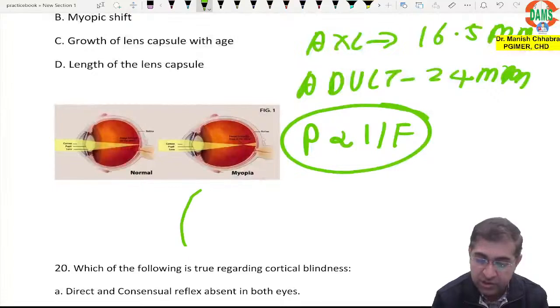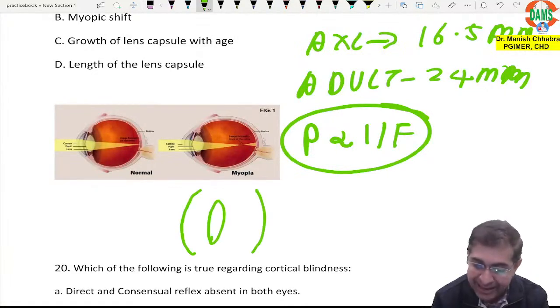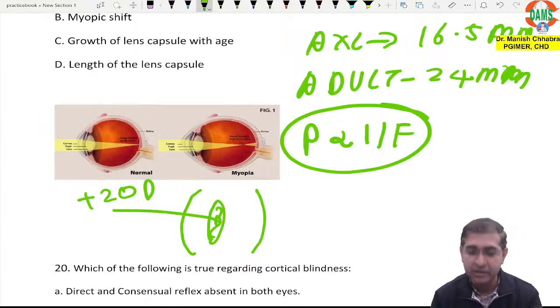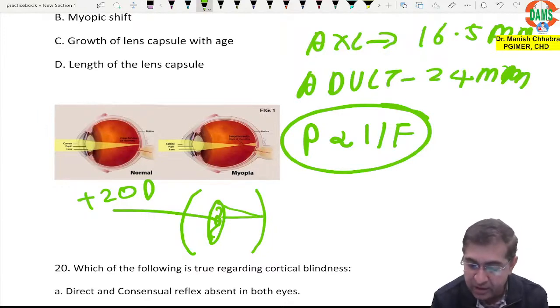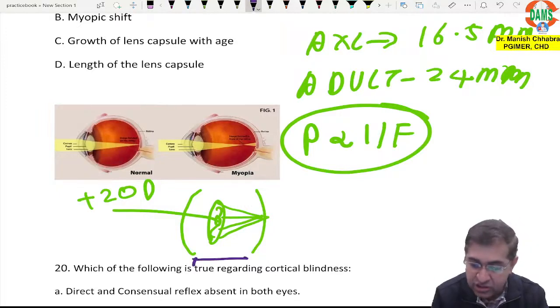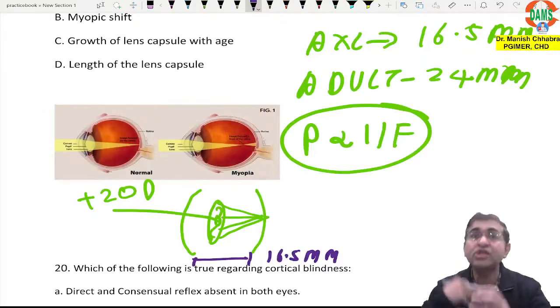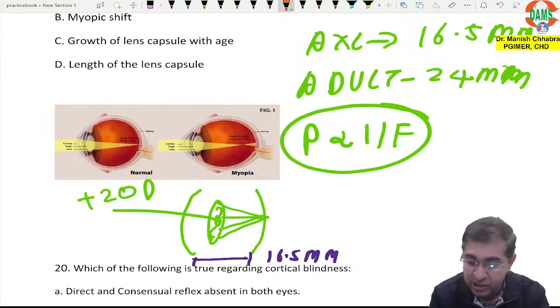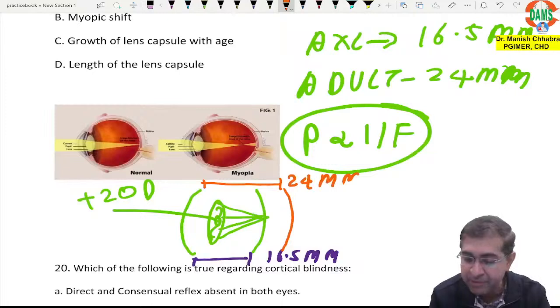Now, if this is the eyeball, this is the lens, this is the retina. If you place a lens of plus 20 diopter, it is going to project the light on the retina in a child, where the axial length is 16.5 millimeter. But when the eye grows with age, the axial length increases such that it becomes 24 mm in adult.